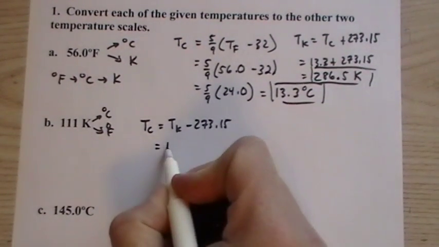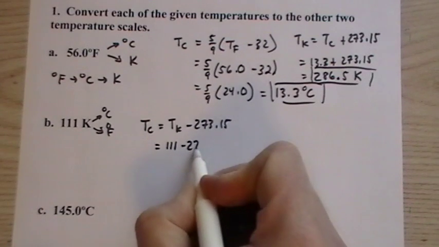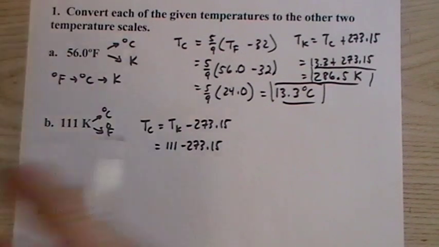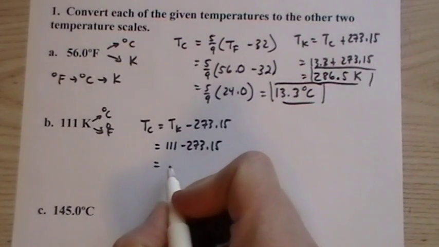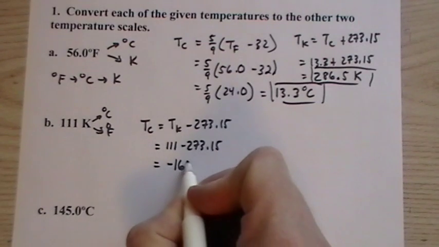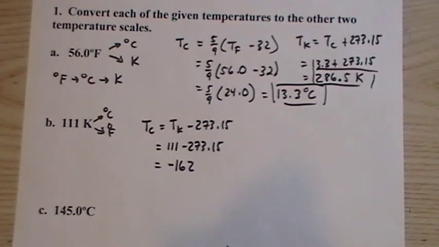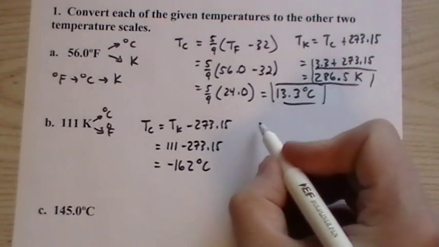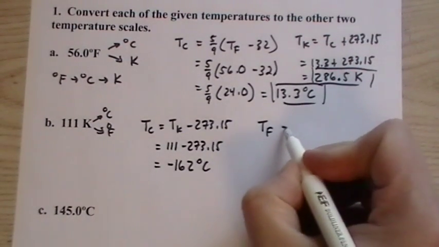And then we have 111 minus 273.15. It's always best, in this case, to just leave the units of measure off for now, and then add them in after you're done. This is going to be minus 162, because we have to stop at the ones place, and this will be degrees Celsius.